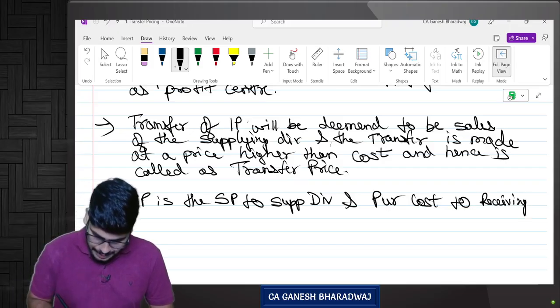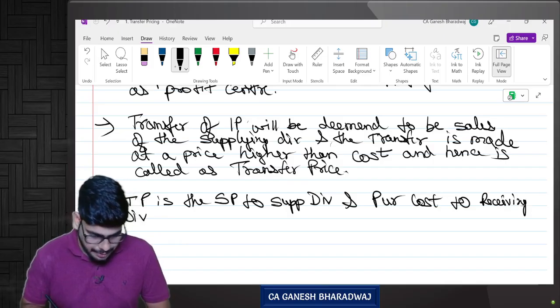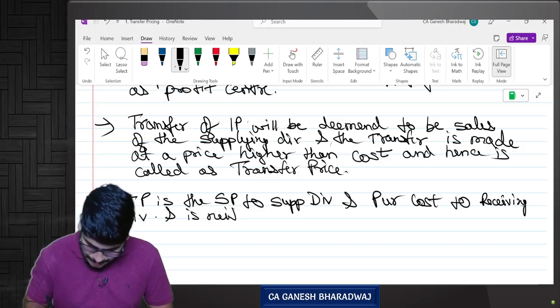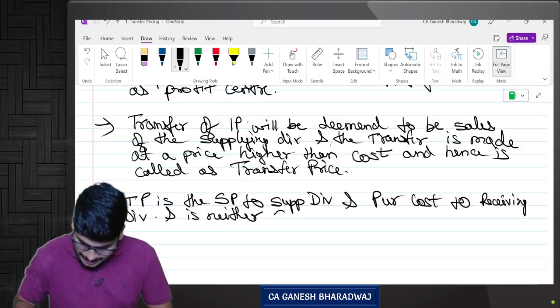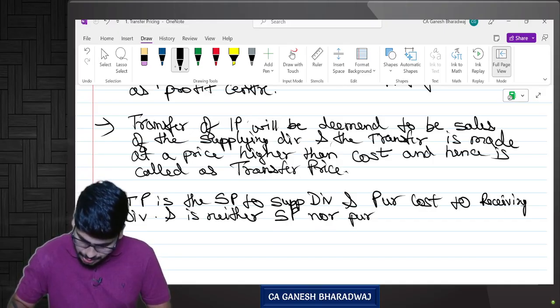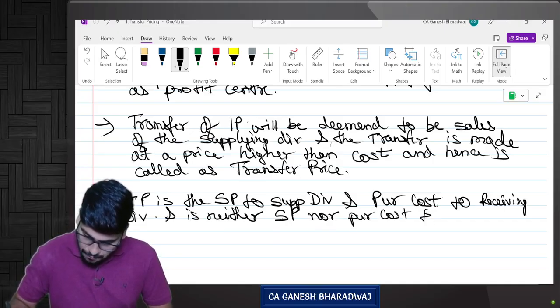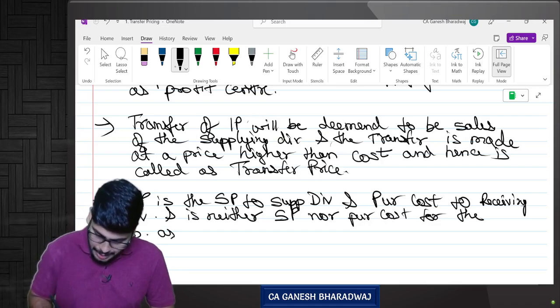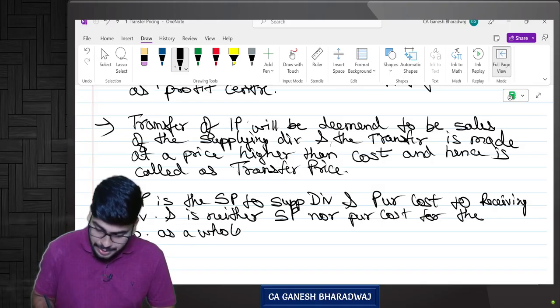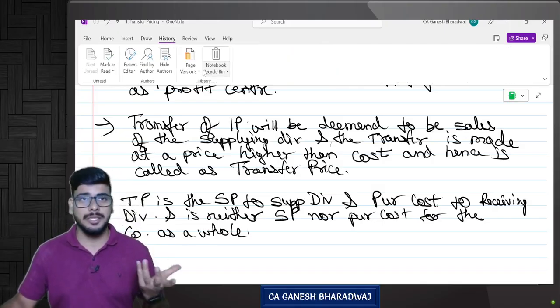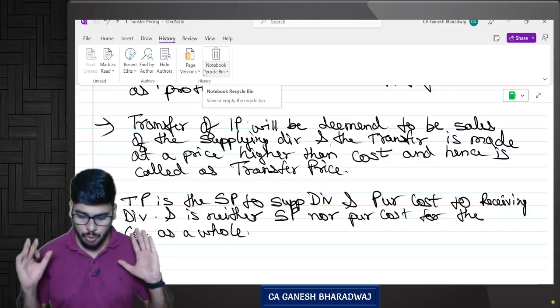It is purchase cost to the receiving division and is neither selling price nor purchase cost for the company as a whole. Are you clear with this? Many people confuse this. Many students get confused here. Transfer pricing, sir, it impacts? No, it doesn't impact your overall profit.